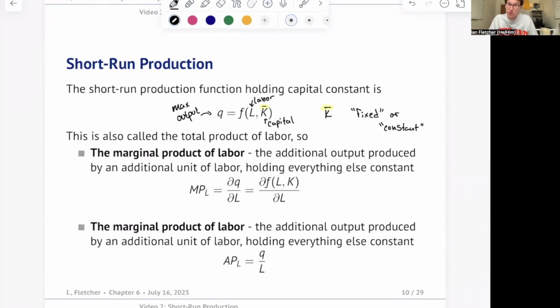So this is also called the total product of labor, which means that we can derive two different things. Oops, this is an incorrect definition. This should be the average. This is all wrong.